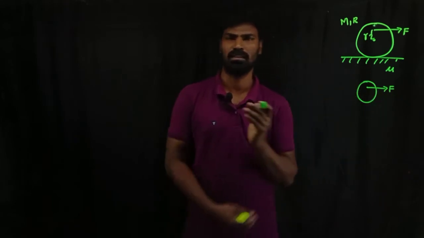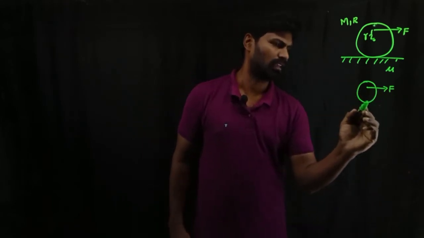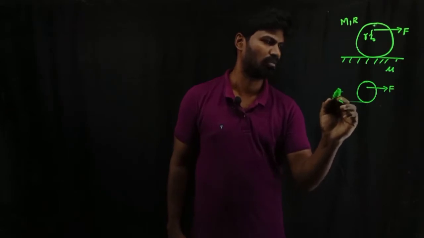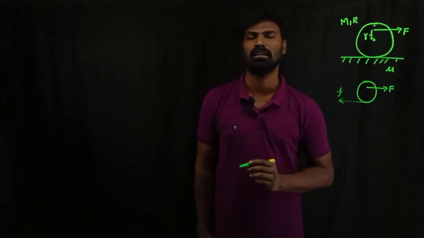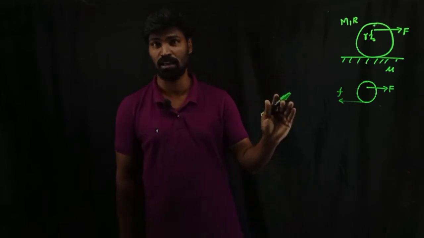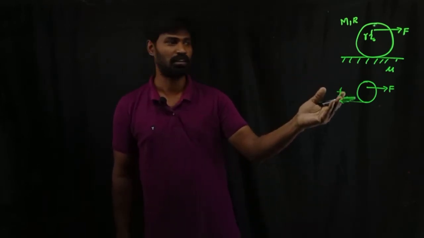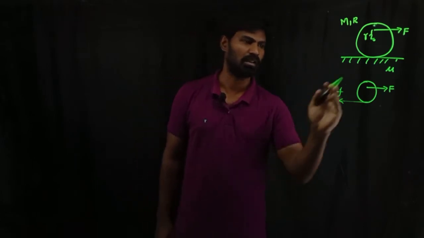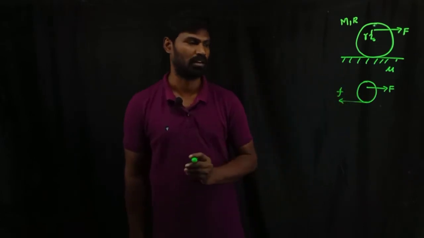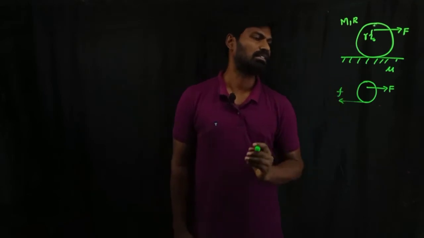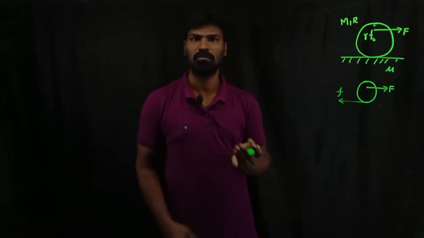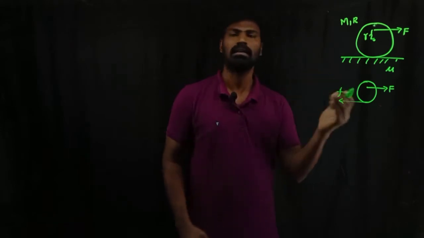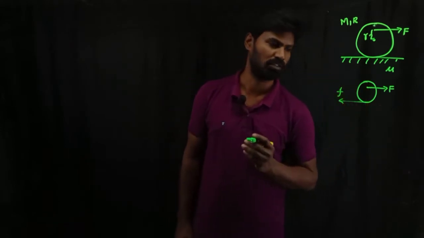It can be anything, but for generality's sake I am assuming that it is the backward direction. This is my assumed direction. I'm not sure whether it is back or front, because of which I'm taking an arbitrary direction as backward. I'm proceeding with this, and let me check whether my assumed direction is correct or not, depending on the given situation.